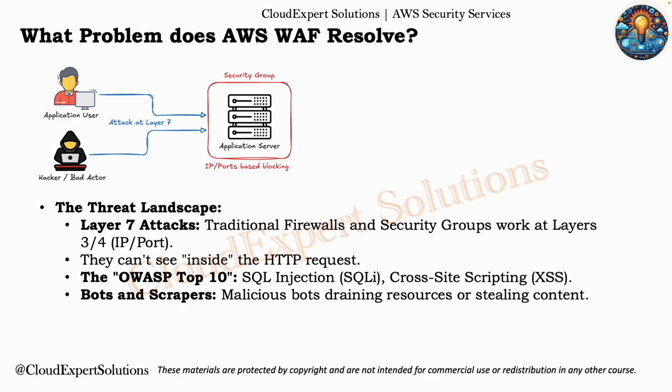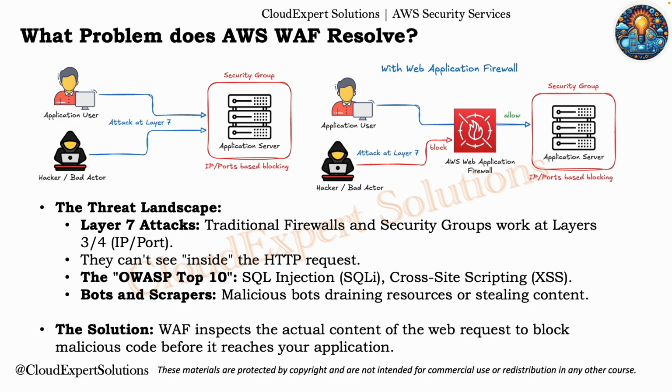AWS WAF solves this by inspecting the actual content of every HTTP and HTTPS request. It analyzes URLs, query string, header, and request bodies to identify malicious pattern and blocks that attack before it reaches your application. In simple terms, AWS WAF protects what traditional firewalls cannot see.